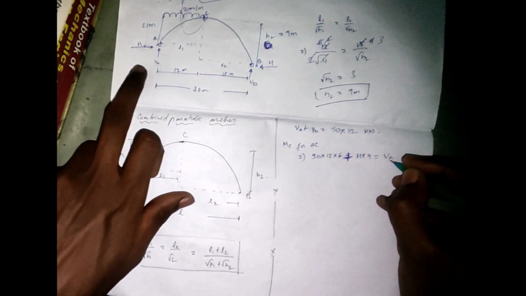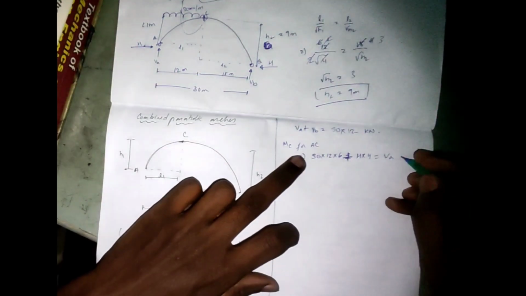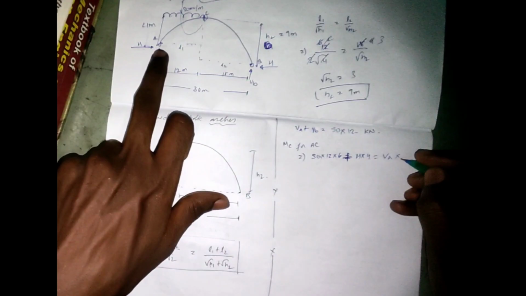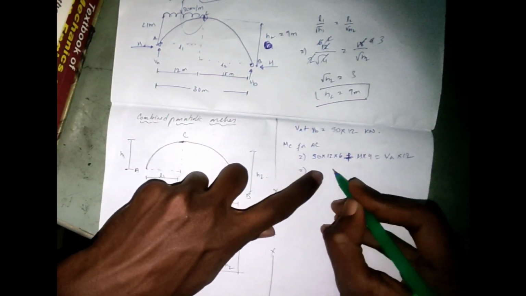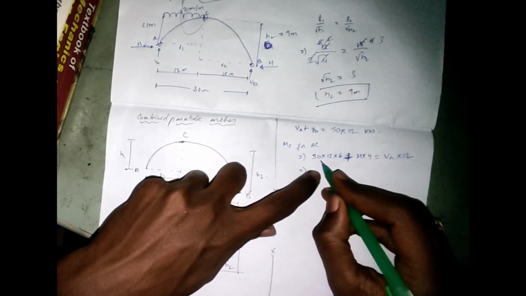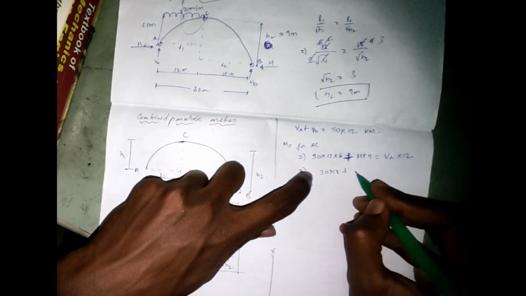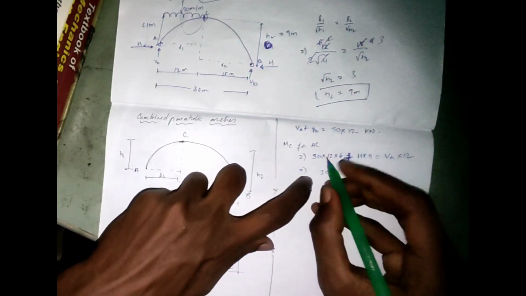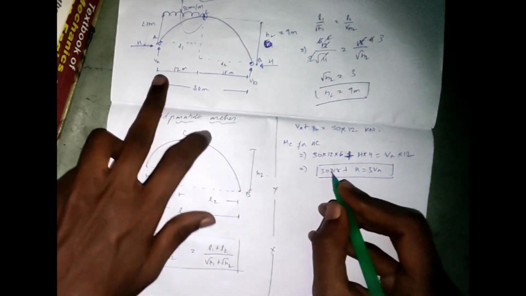It will be equal to VA into 12. So this will be 360 into 6 equal to 4H plus 12 VA, so H is equal to 3VA. Let's cancel the 4. So let's put aside this equation.